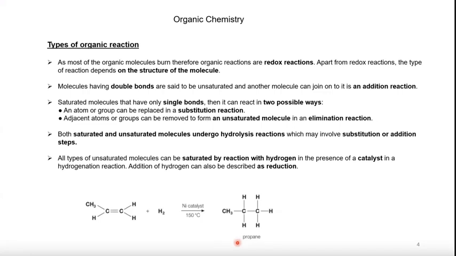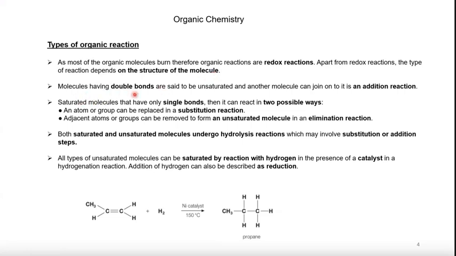Okay, then types of organic reaction. What are the types of organic reaction? We know all organic molecules can be burnt, and this burning process, we will see, is a redox reaction. And the reaction depends on the structure of molecules.